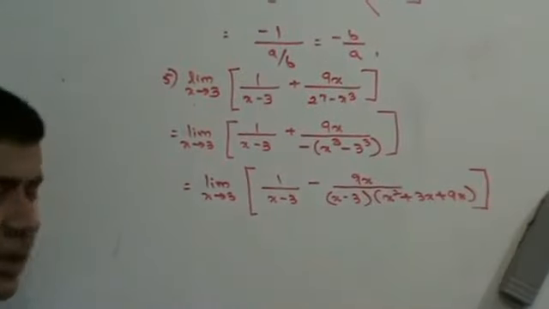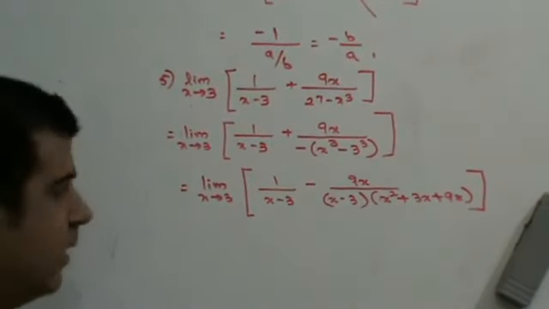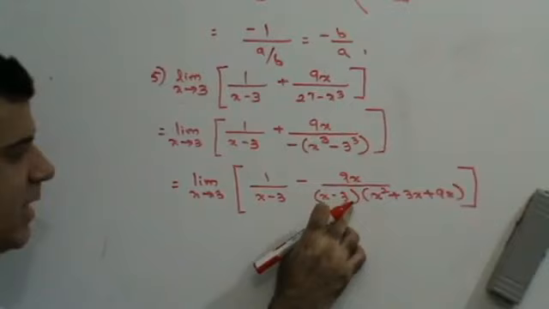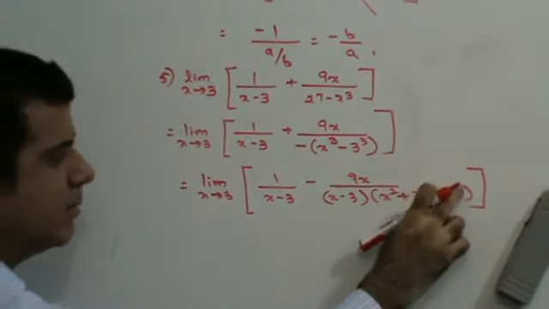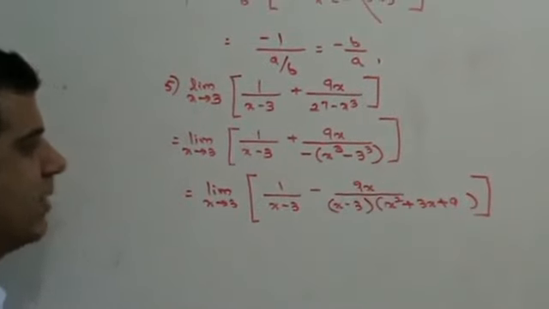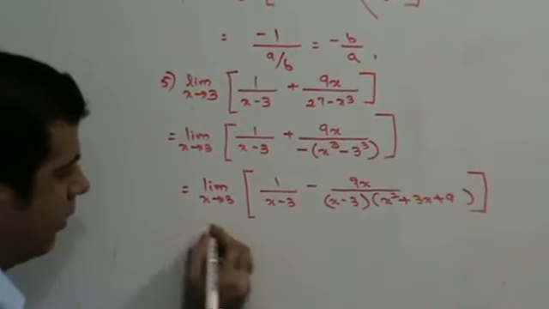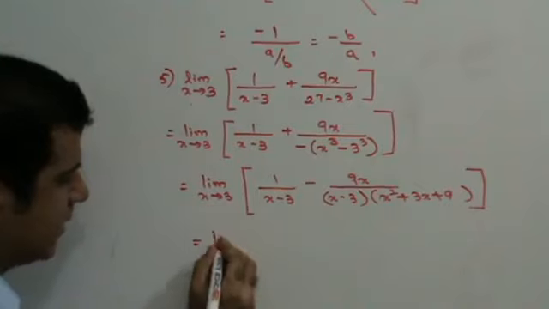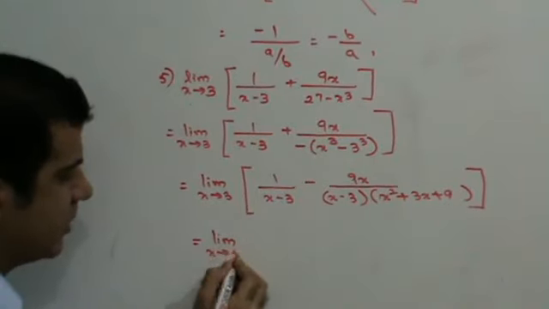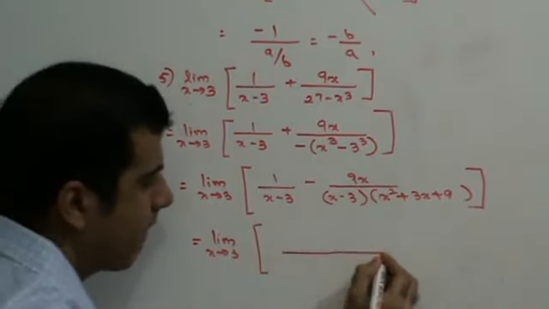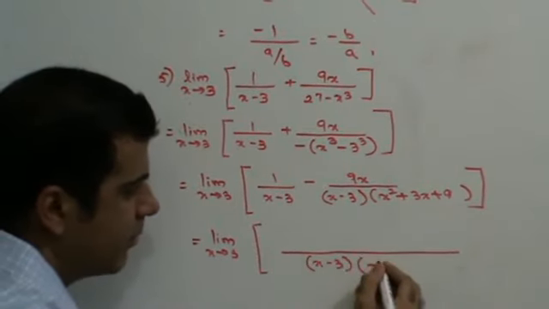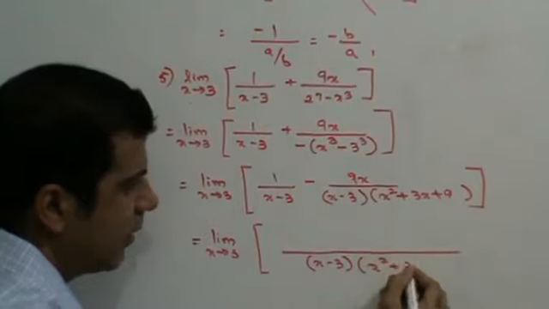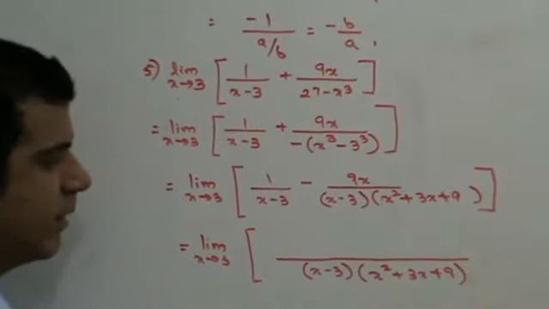I'm using the a cube minus b cube formula. A cube minus b cube is a minus b into a square plus ab plus b square. This is going to be plus 9. Now this can be written by taking the LCM. So this is limit of x tends to 3. The LCM denominator would be x minus 3 into x square plus 3x plus 9.